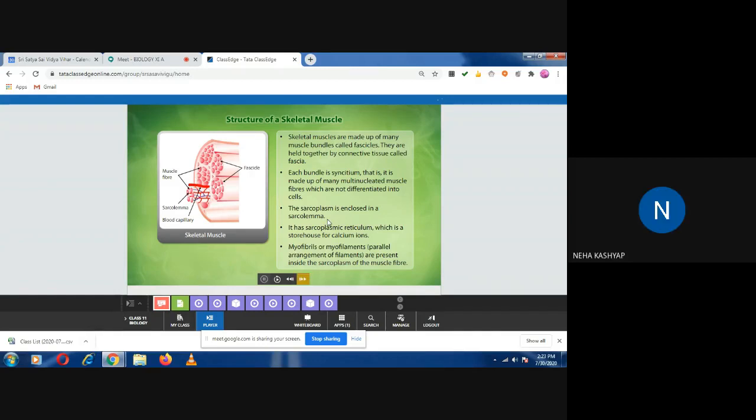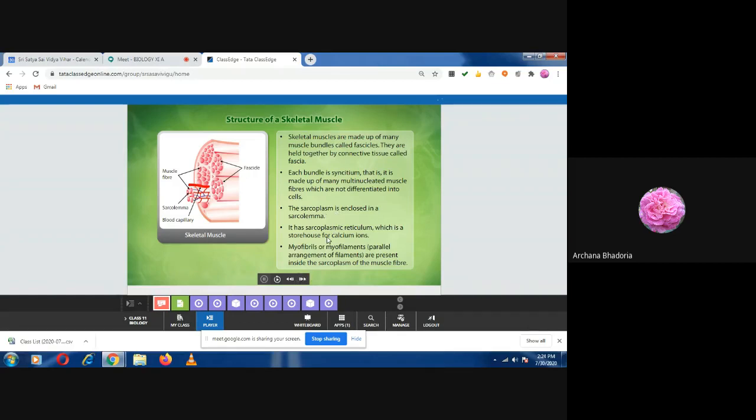Yes, ma'am. So sarcolemma. And inside the sarcolemma, the fluid which is filled is known as sarcoplasm. You write it, and inside it, the fluid is present known as sarcoplasm. As inside the cell we have cytoplasm, in the same way in the muscle fiber, the fluid which is filled is known as sarcoplasm.